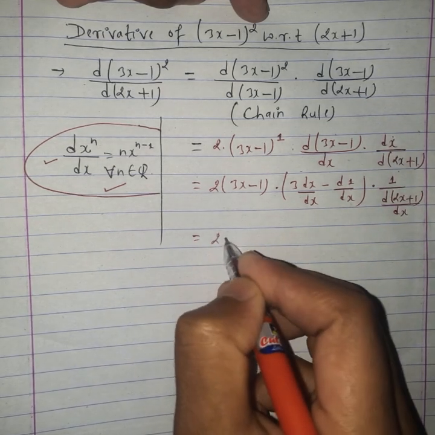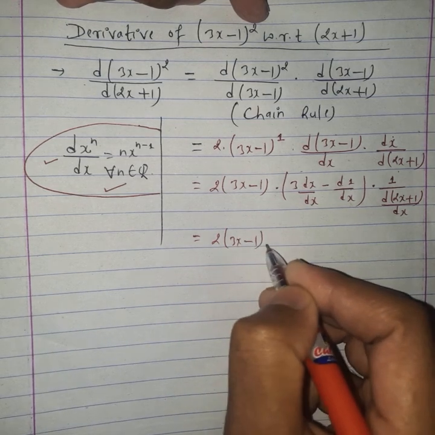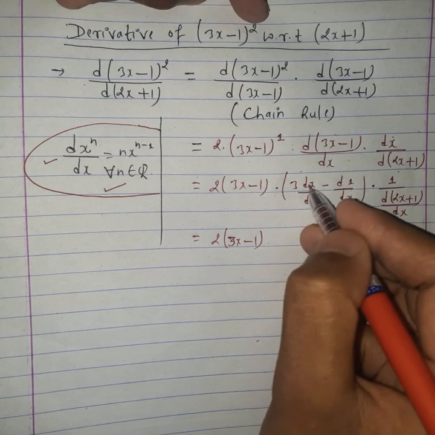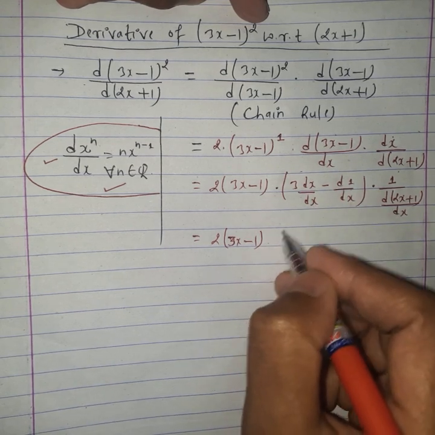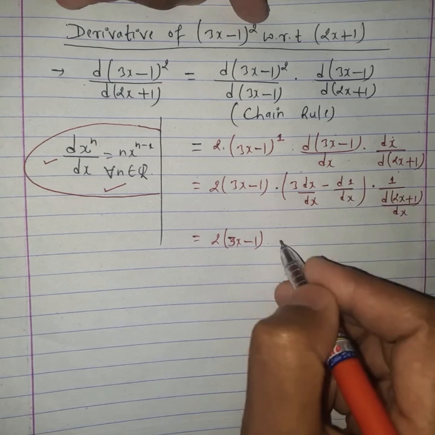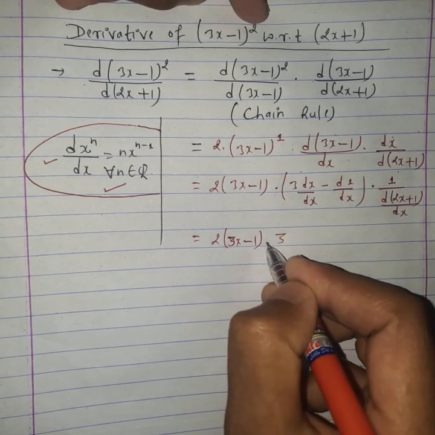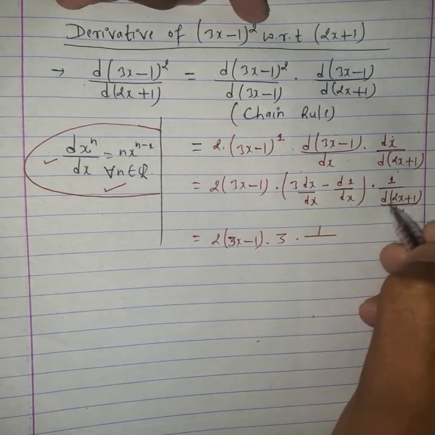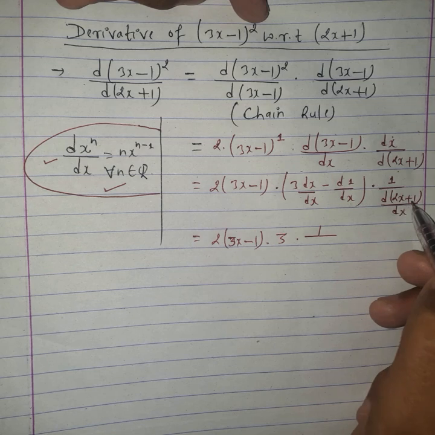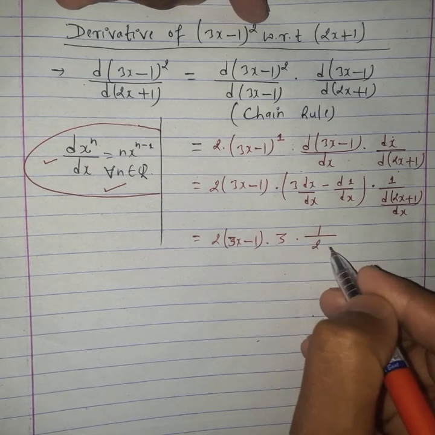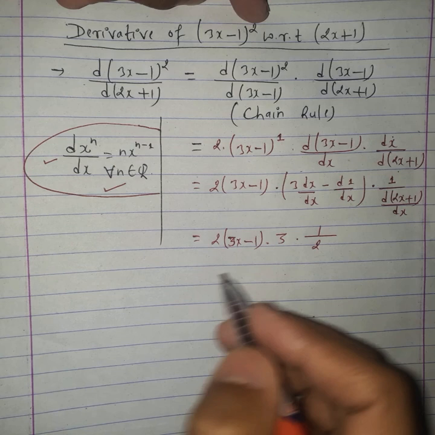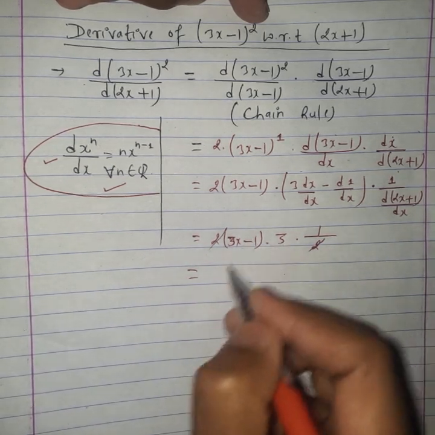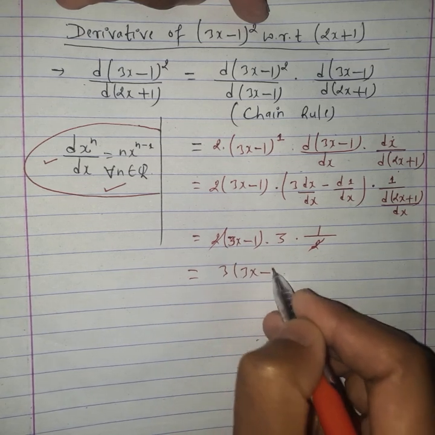This can further simplify to 2 times (3x minus 1) times, and dx over dx gives 1, so just 3, and the derivative of a constant is always 0, so this is 3 times, and 1 over, using the same concept, the derivative of 2x plus the derivative of 1, which is 2 plus 0. So this 2 will be cancelled out, leaving 3 times (3x minus 1).